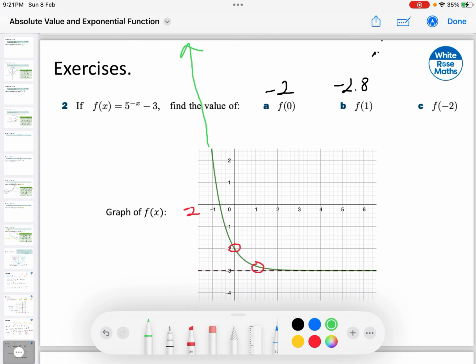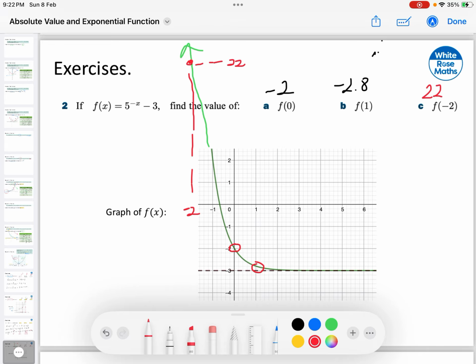And the function is growing to the left. It's going up very quickly. So if the function is growing up very quickly to the left, of course, negative 2 has to be very, very up high here. This has to be 22. And that's how I realized that I made a mistake, right?